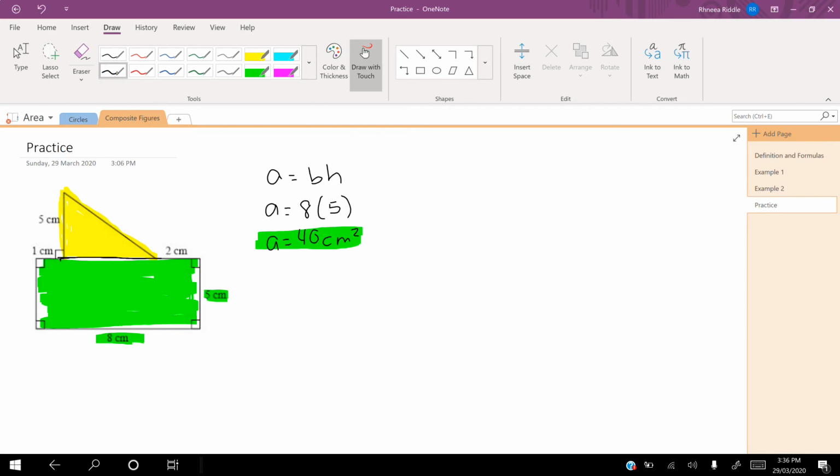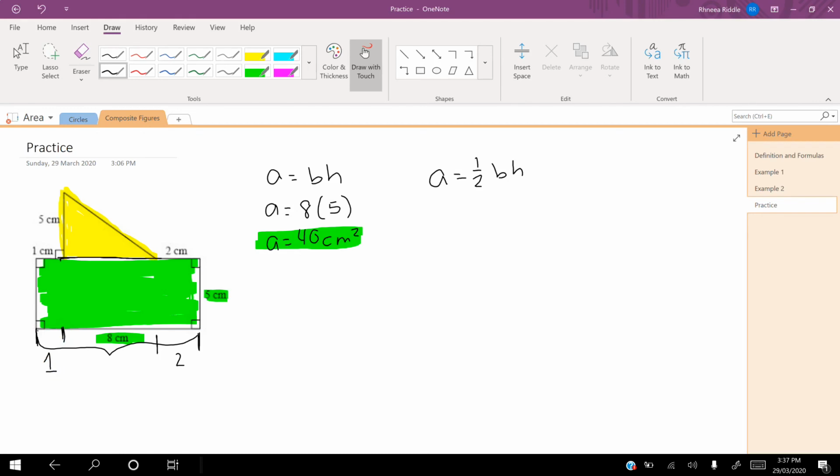And now moving on to that triangle, you're going to do area equals 1/2 base times height. And like I said before, the base on this triangle is going to be a little tricky because it doesn't give us the base. All we know is that the entire length that we can see here is 8, and the length from here to here is 2, and the length from here to here is 1.